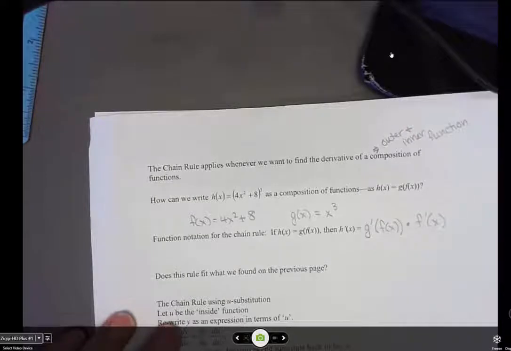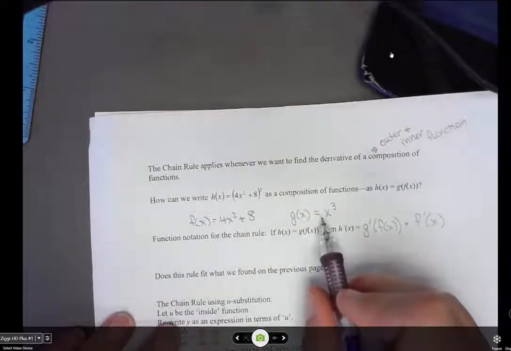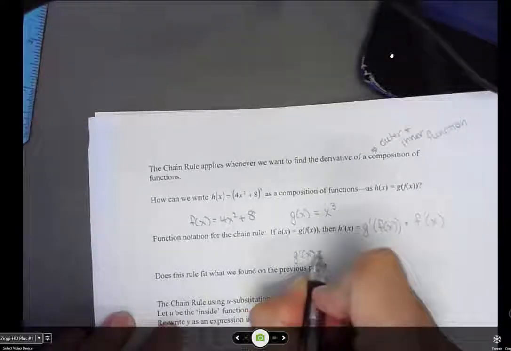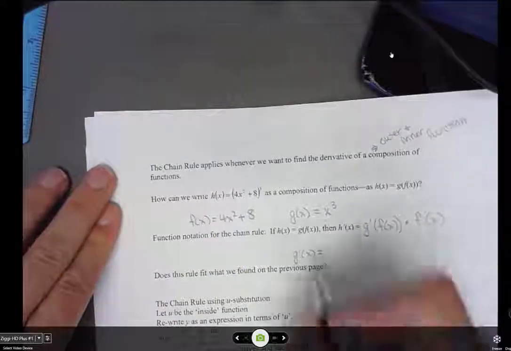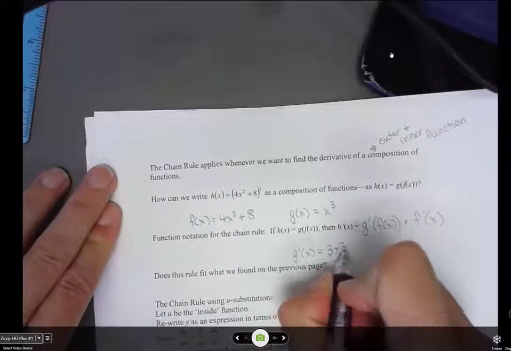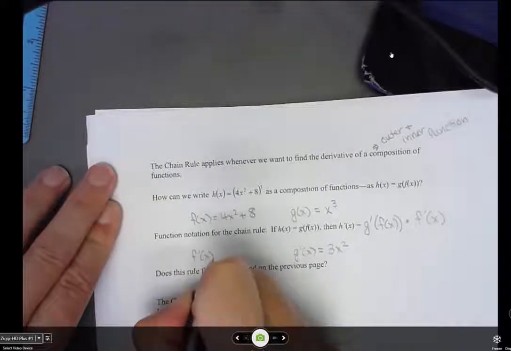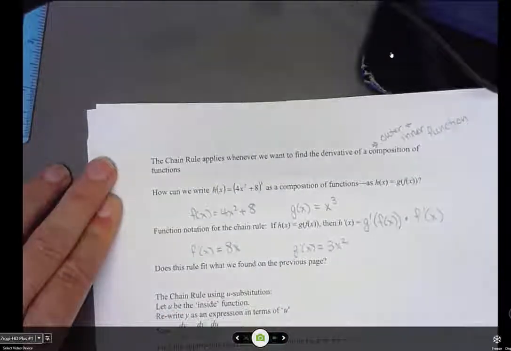Well, let's try that. So if g of x is x cubed, what's g prime of x? Well, the derivative of x cubed, this is just power rule, 3x squared. And what's f prime? Well, that would just be 8x. So then let's look.